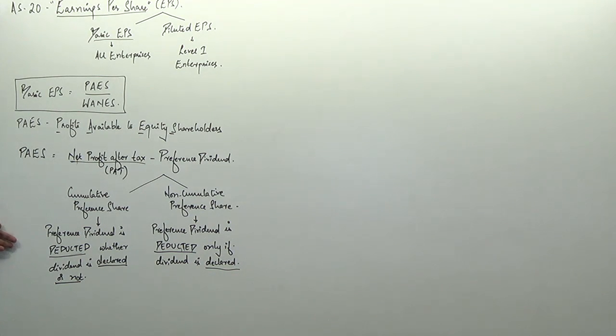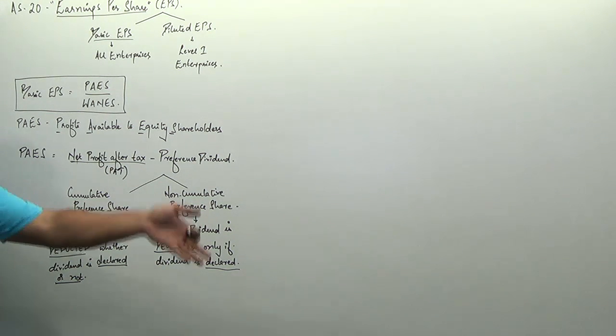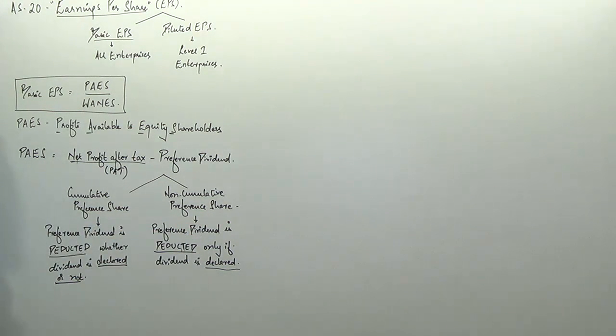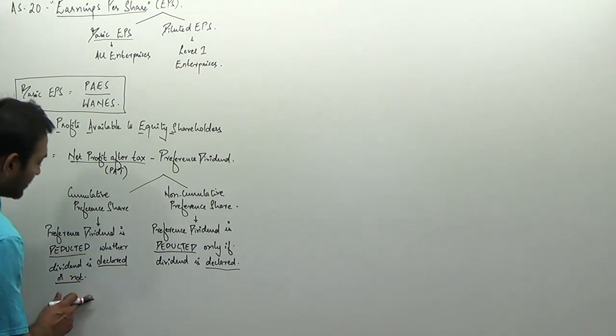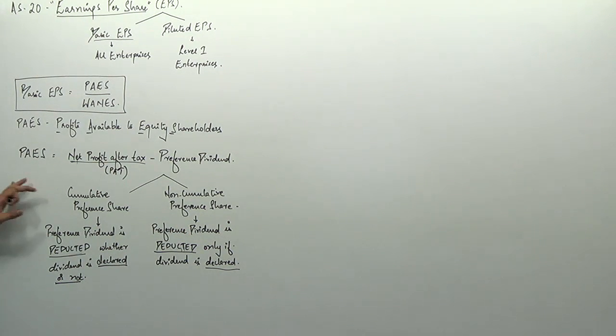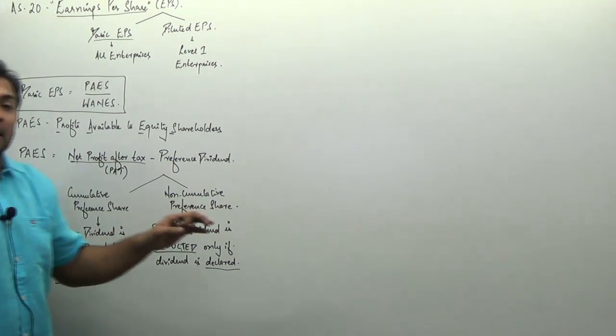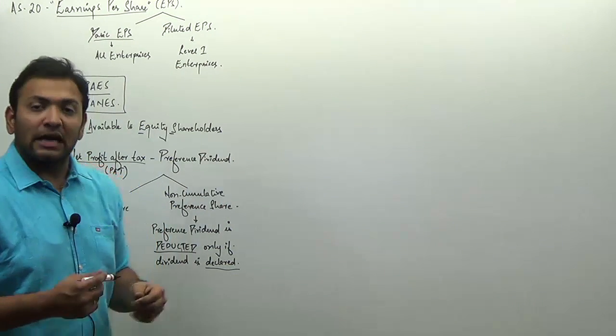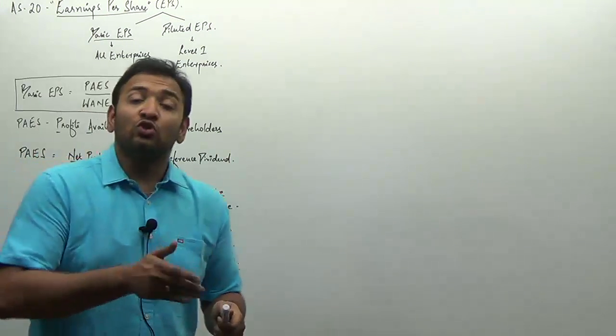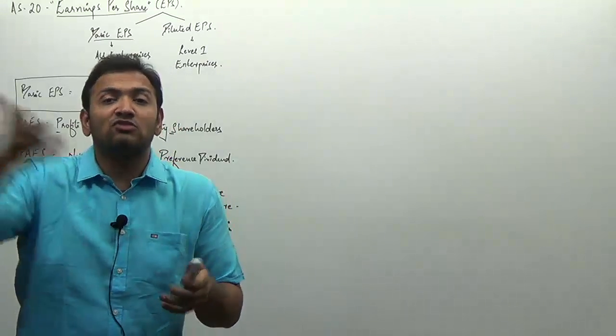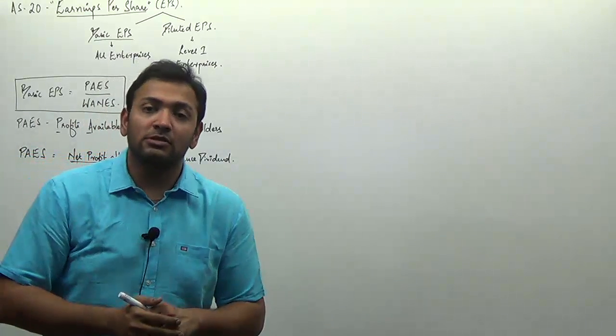For a cumulative preference share, if the preference dividend for the current year is not paid in the current year due to insufficient profit, then it will be paid in the subsequent years when the enterprise earns sufficient profits. So whenever we are dealing with cumulative preference share, we have a concept called arrears of preference dividend. Arrears of preference dividend are those preference dividends of the previous years which were not paid due to insufficient profits.